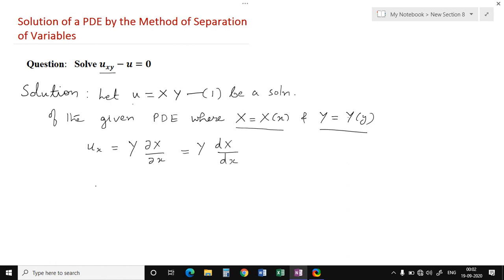And now next we will be finding u_xy. For that, we differentiate this again partially with respect to y, considering x as a constant. Since dX by dx contains only functions in x, it is a constant with respect to y. So we can write it as dX by dx multiplied by the derivative of Y with respect to y, that can be written as dY by dy.